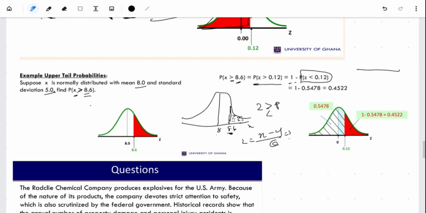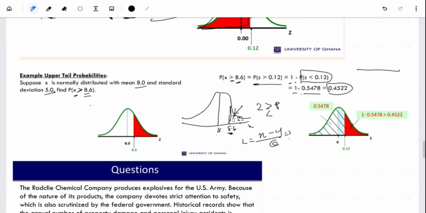So if you want something greater than the z value, then you have to subtract from 1 the probability we found within the distribution. Therefore, 1 minus 0.5478, which will give us this. So this becomes our probability for this area.